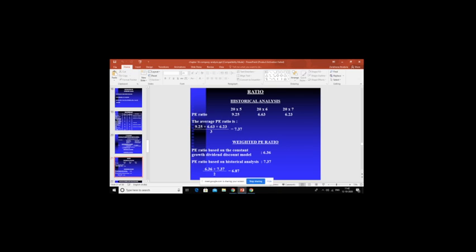Like this is regarding historical analysis, this is regarding weighted PE ratio, so you will get confused like which particular measure you should apply. Okay, so better you stick to only one formula, apply that formula only, and depending on that, even if you want to predict something like price earning ratio, earnings have to be predicted, and price you will have information from the market.